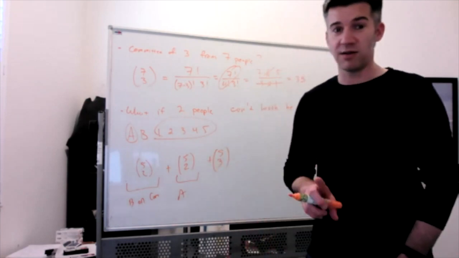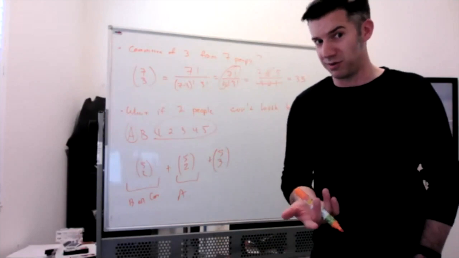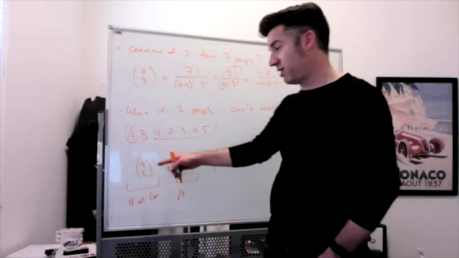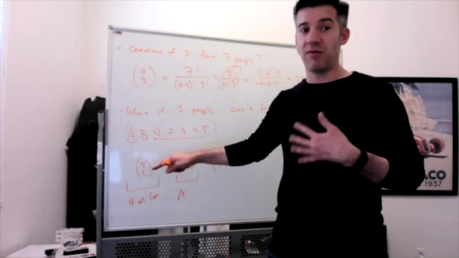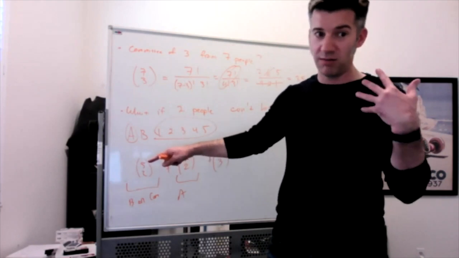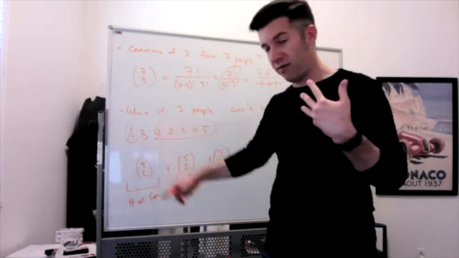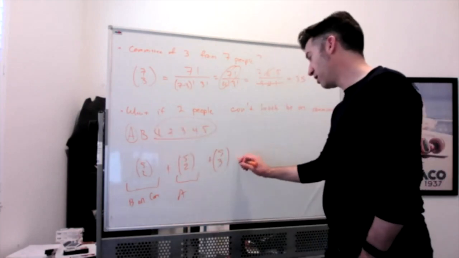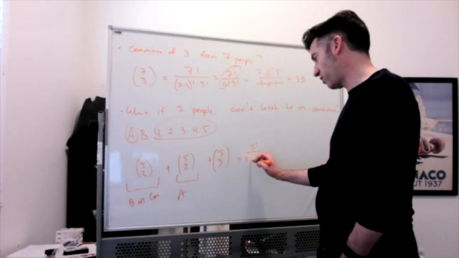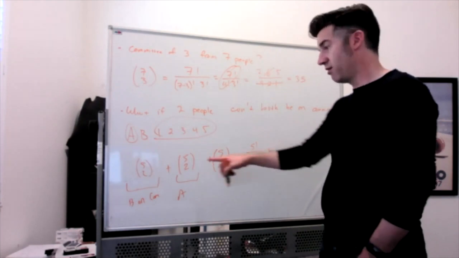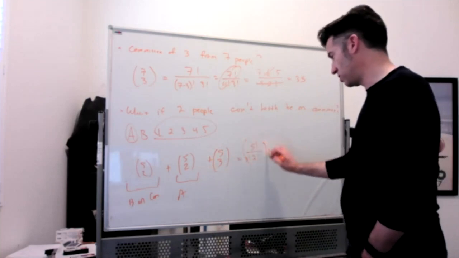Now, the interesting thing here is that 5 choose 2 and 5 choose 3 are actually equal to each other. Because if I want to find the number of ways to choose 2 people on the committee, I could also phrase it as finding the number of ways of choosing 3 people who aren't on the committee out of these 5. So 5 choose 2 is 5 factorial over 3 factorial times 2 factorial. 5 choose 2 is the same, so I'm just multiplying this by 2.